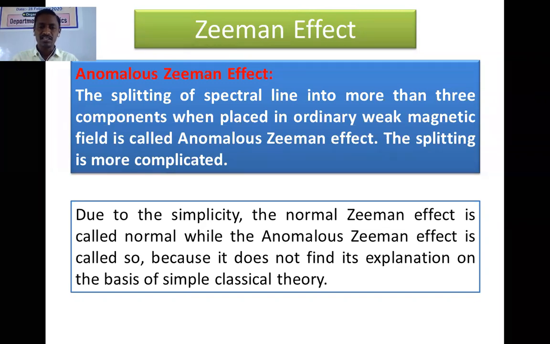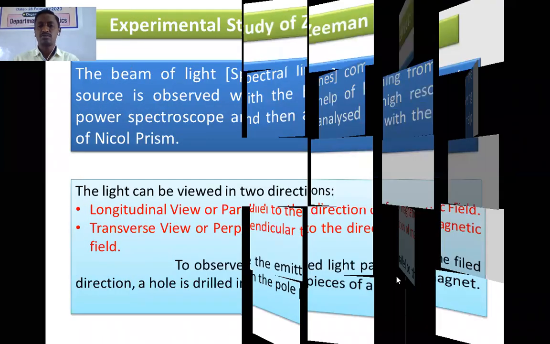Many times while performing the normal Zeeman effect experiment, the splitting corresponding to the anomalous Zeeman effect is observed. But due to the simplicity in explanation, the normal Zeeman effect is called normal, and the anomalous Zeeman effect cannot be explained on the basis of classical theory. Therefore, it is called anomalous. So these are the two kinds of Zeeman effect.